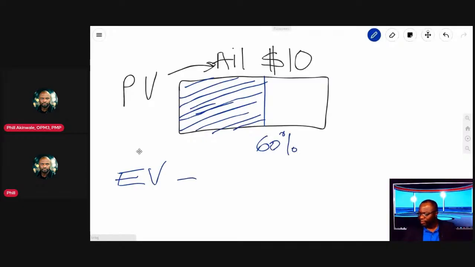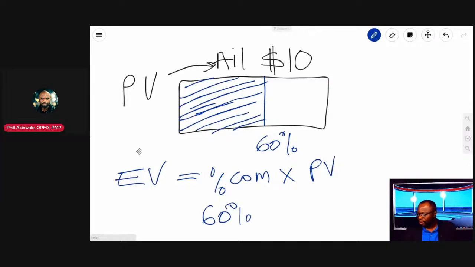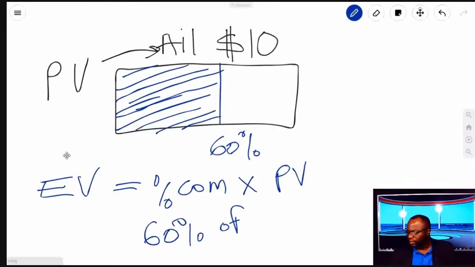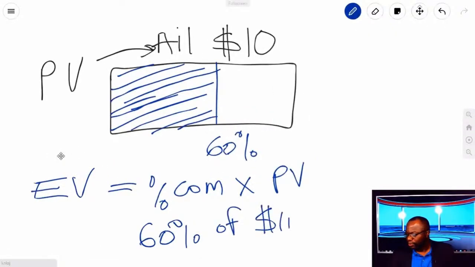Your earned value is going to be the percent complete times the planned value. So we're going to say 60% of the $10, and that's going to be $6. So in this example, your earned value is $6. I got $6 worth of work done.